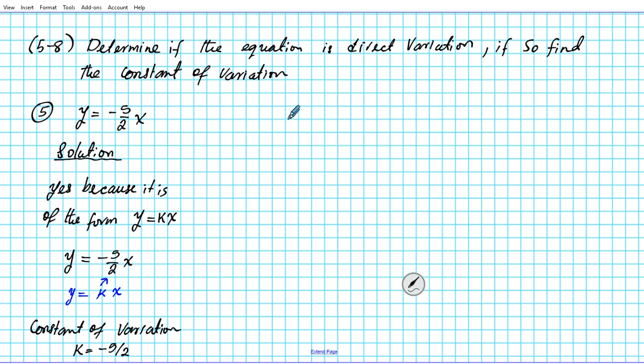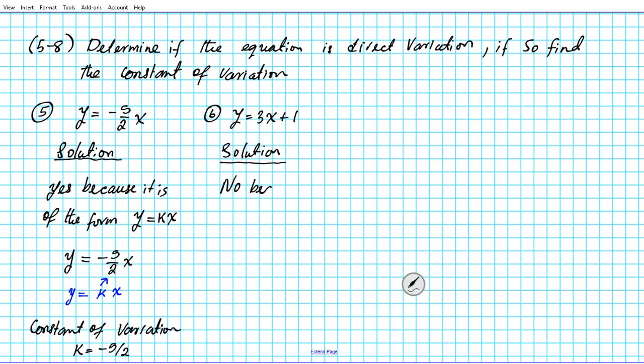Okay? Alright, number 6. Let's say we have the equation y is equal to 3x plus 1. Is this a direct variation? The answer is no. Why is it not a direct variation? Because of this 1 that's added on here, okay?